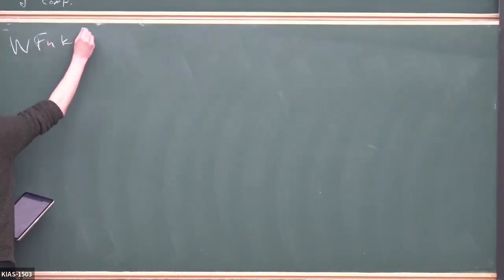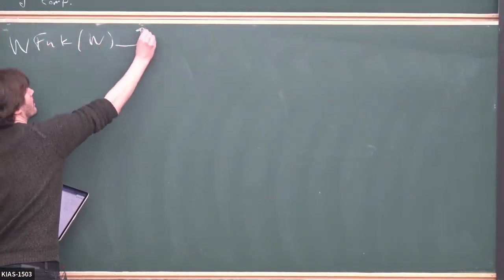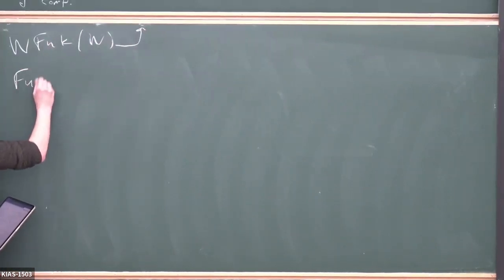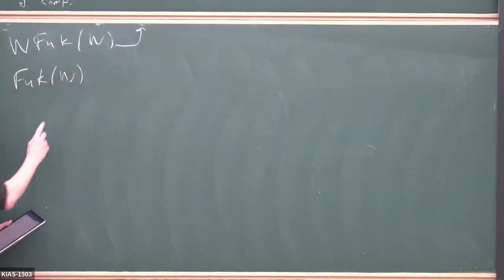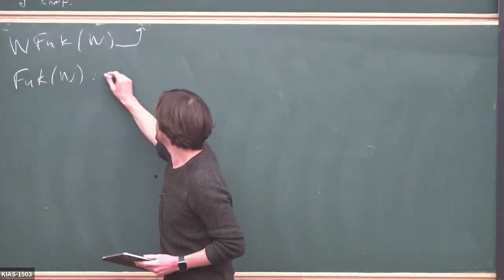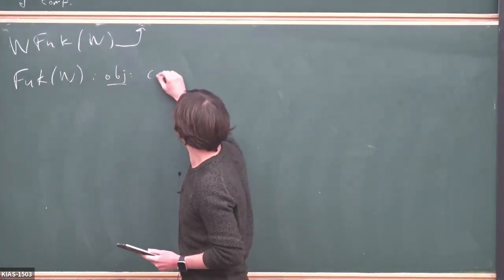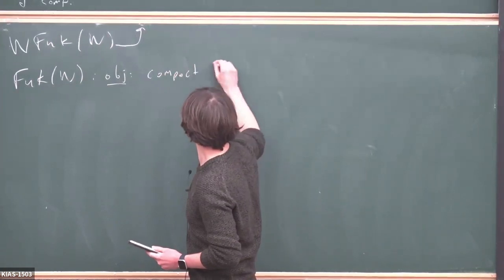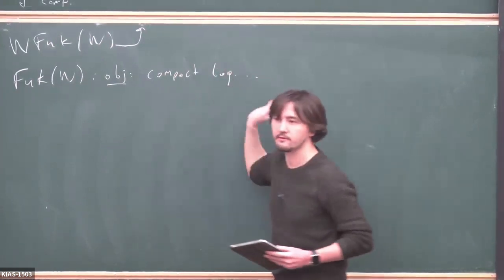So I denote it like the wrapped Fukaya category of W. And if I don't put the W, that means I'm considering compact Lagrangians only. Okay? So objects are compact Lagrangians, and the rest is the same.